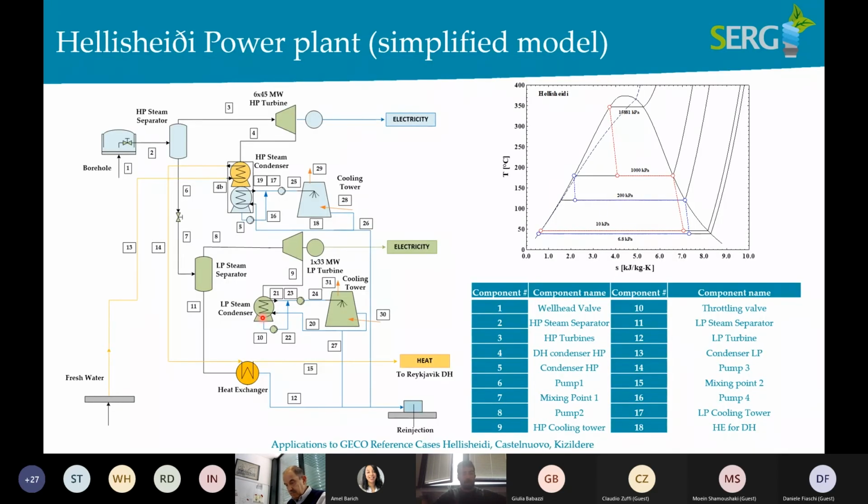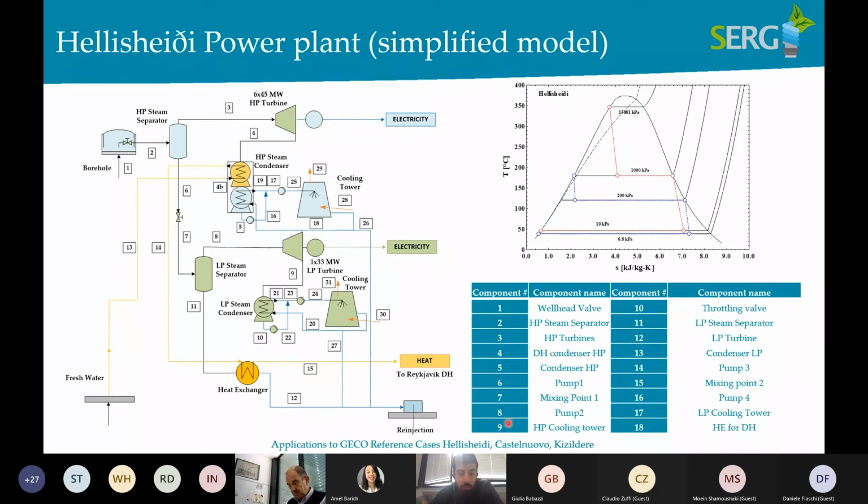Let's start from the Hellisheidi power plant, the simplified model. Particularly, what we did was a thermodynamic, exergo-economic, and exergo-environmental study of this power plant for the GECO. We divided it into a simplified model comprising the high pressure section and the low pressure section, which allows the generation of about 300 megawatt of electricity and 130 megawatt of heat.